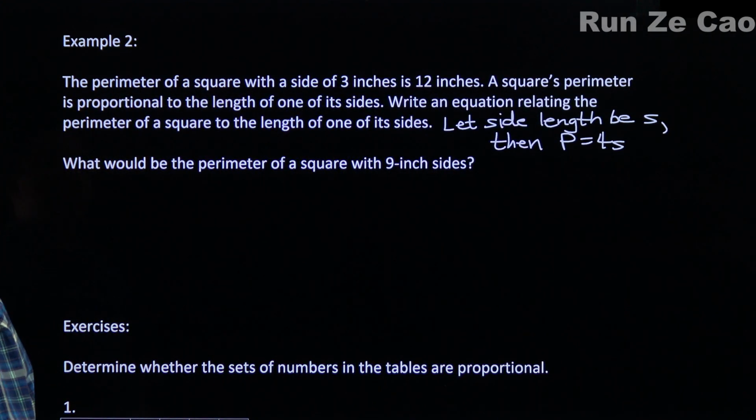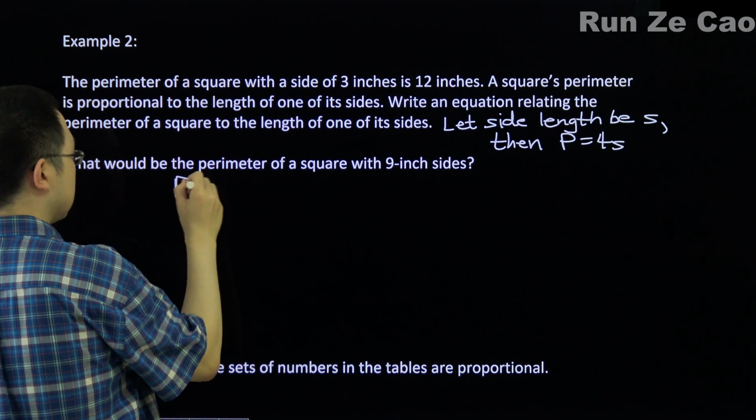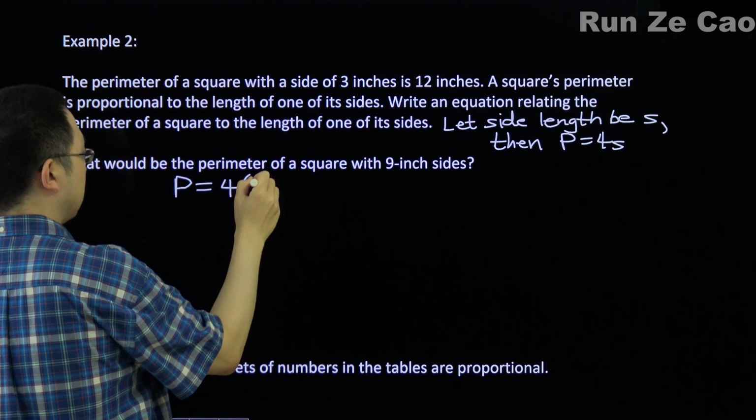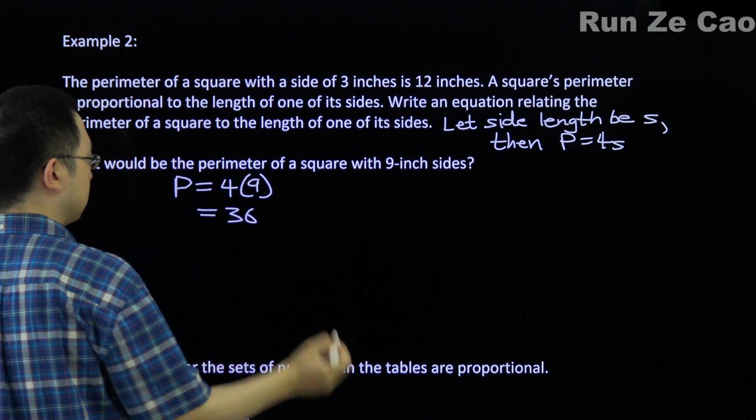What would be the perimeter of a square with 9-inch sides? P is equal to 4 times 9, so equals 36.